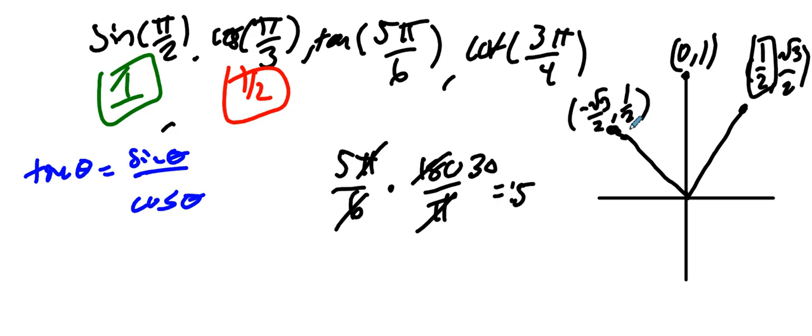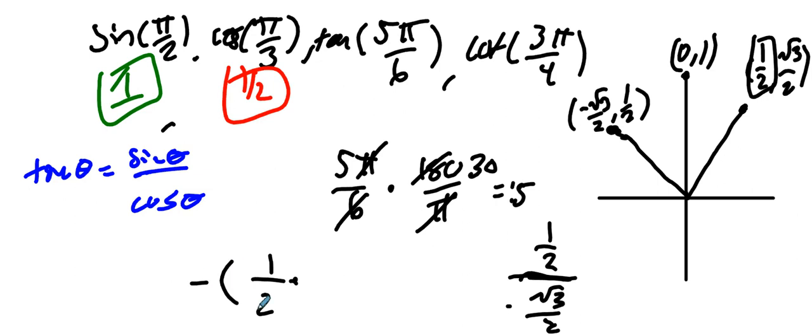So, essentially, tangent theta is going to equal sine theta over cosine theta. Well, sine is the y, so we're going to have 1/2 divided by the negative square root of 3 over 2. So when we divide, let's multiply by the reciprocal. So we have 1/2 times, let's just put negative on the outside.